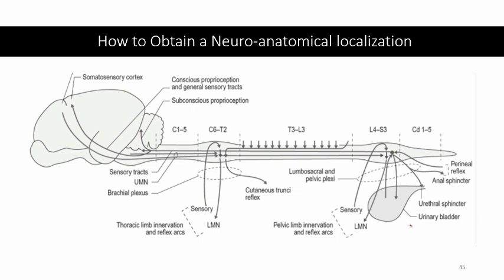So how are we obtaining a neuroanatomical location? Well, this just shows us what we were already talking about, that C1 to C5 is upper motor neuron, this is upper motor neuron, this is lower, and this is lower, anything from here back. So these are the areas that we are looking for.